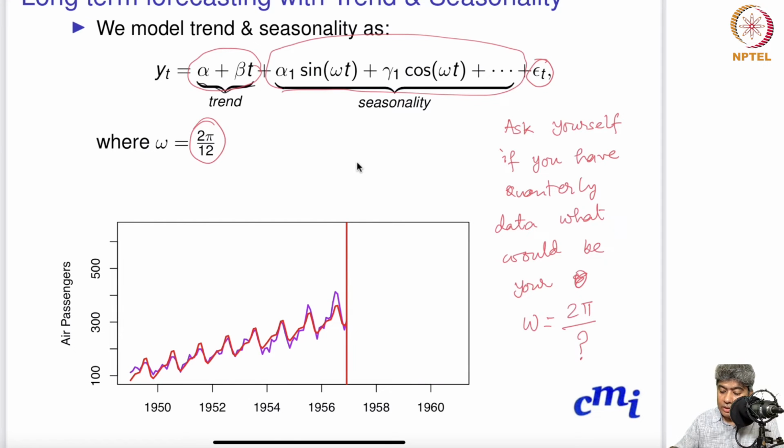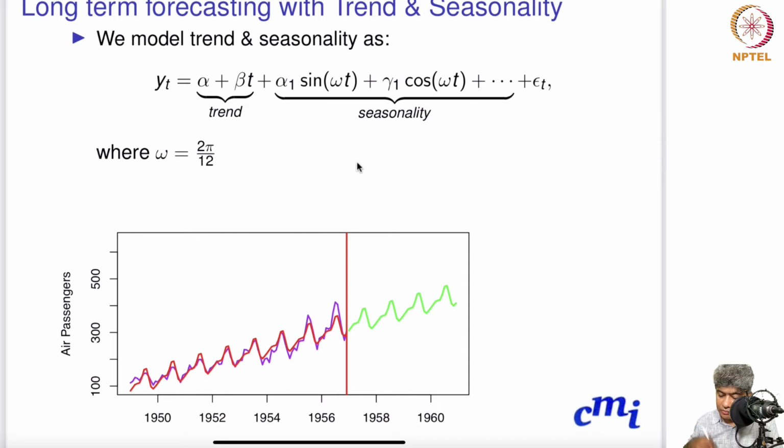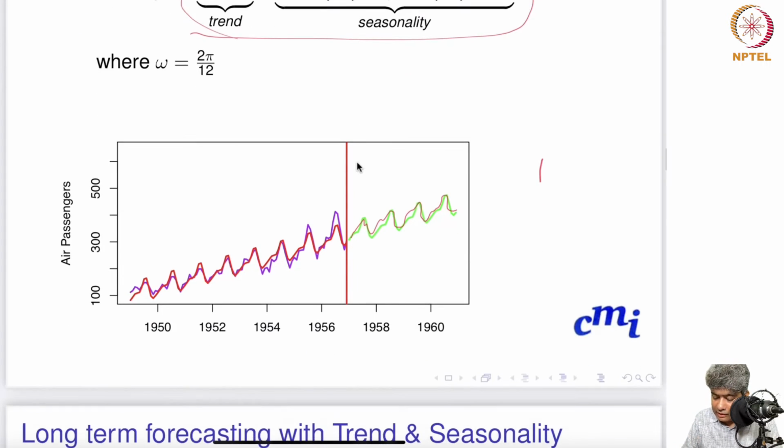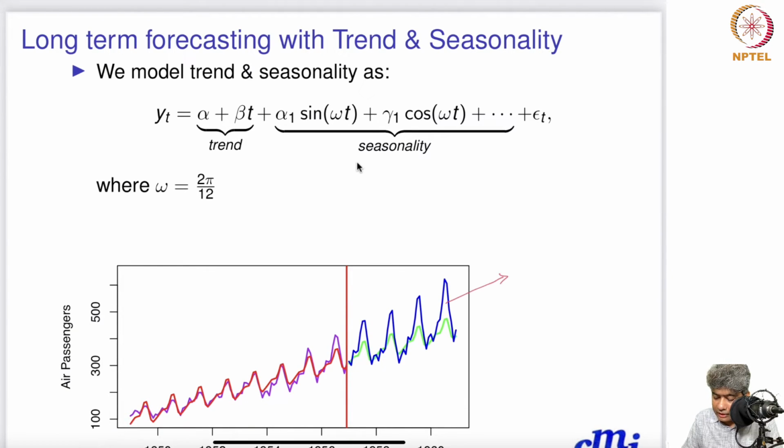All right, next. If you fit this model and forecast, this green part is the forecast, and the blue one is the actual data.